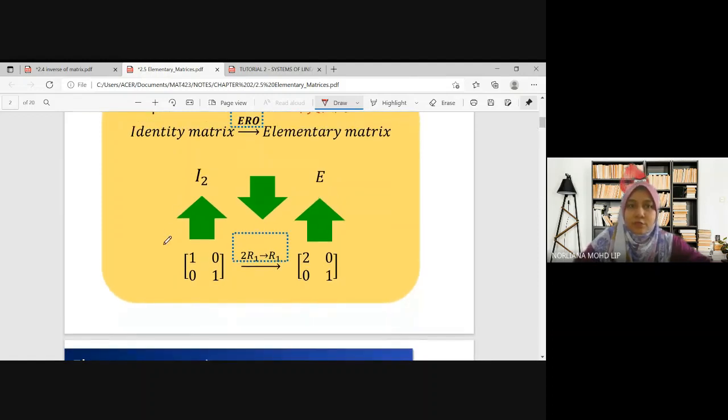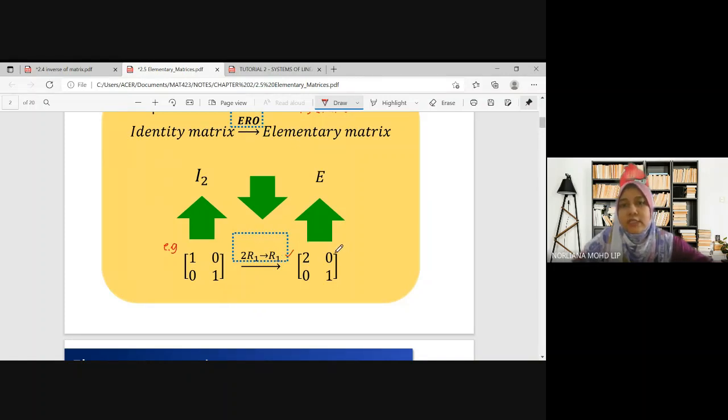Example, this one. From the identity matrix 1, 0, 0, 1, we have the matrix 2, 0, 0, 1 based on this operation: 2 row 1 transforms into row 1.